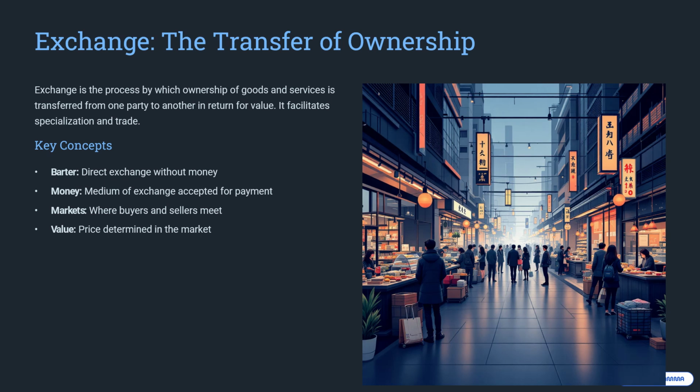It deals with the working of the price system, market structures such as perfect competition, monopoly, and oligopoly, and also international exchange through trade and foreign exchange markets. By facilitating the movement of goods, exchange ensures that what is produced reaches those who demand it.